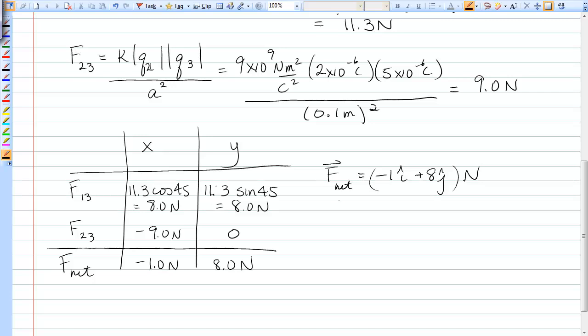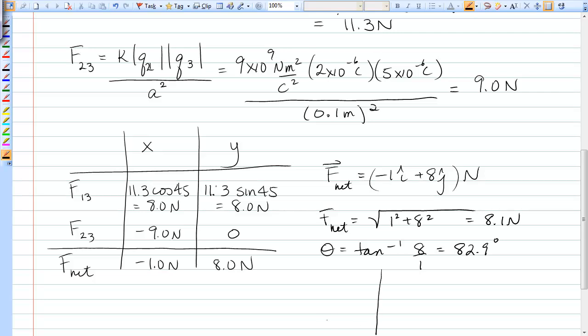Or if you want the magnitude and direction, you can apply the Pythagorean theorem to those components. So we have 1 squared plus 8 squared, square rooted, comes out to 8.1. And the angle, inverse tan of y over x, works out to 82.9 degrees. But we have to be careful about the quadrant that that force lies in.